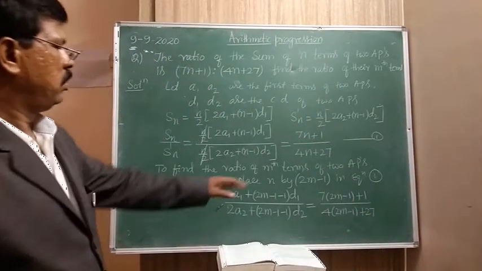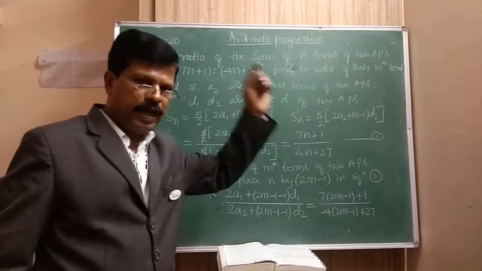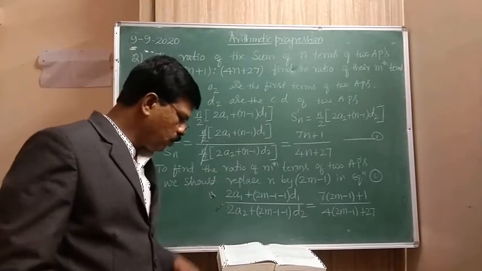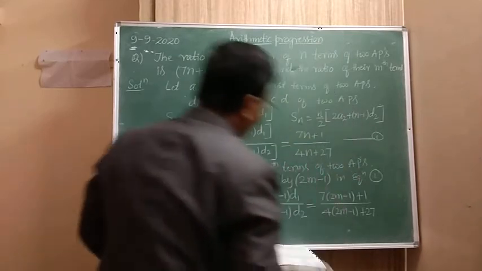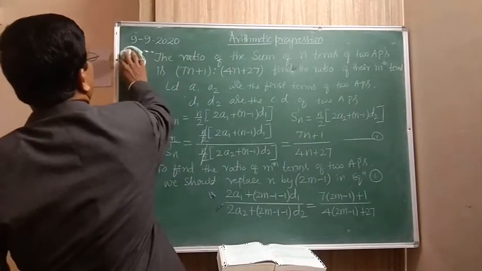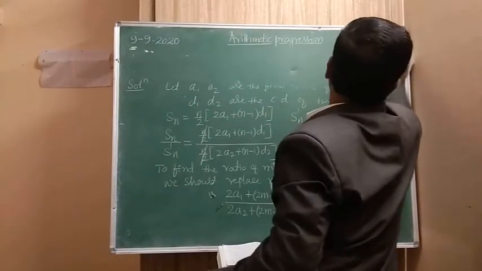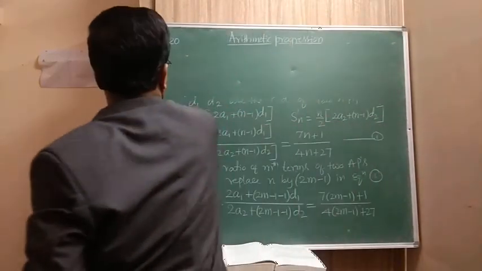Look at that. See 2m minus 1. Why we should replace n by 2m minus 1? So after doing the problem, you will know that to get the ratio, that means mth term, we should replace like this. Clear?